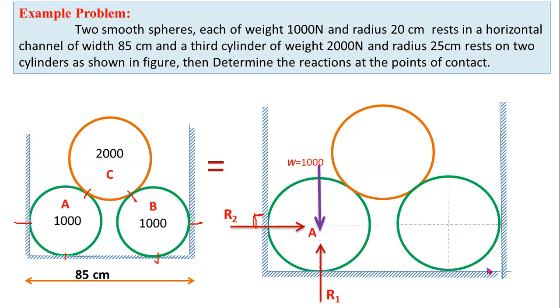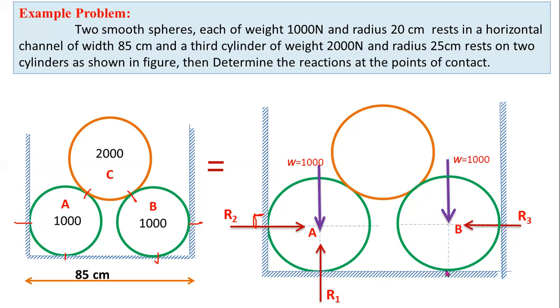In a similar way, for this cylinder you have to consider a self weight W equal to 1000 newtons, and there are 2 contact points, here and here. You have to consider a reaction R3, a horizontal reaction force. Here the support is vertical, so you have to consider a horizontal reaction.